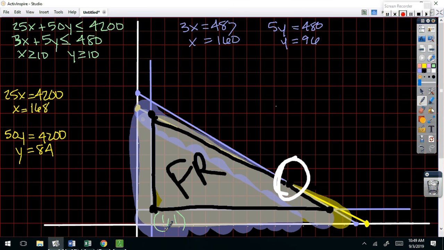That's easy. For these three, I'm going to put them on my calculator. Wait, is that 1, 1 or 10, 10? 10, 10. Thank you. I almost messed up there.